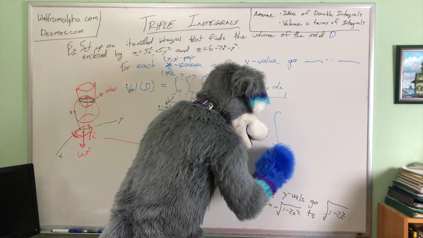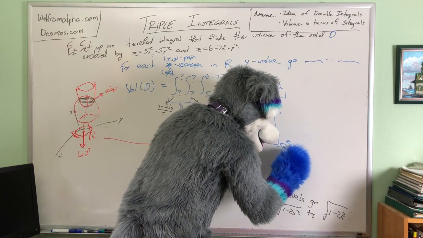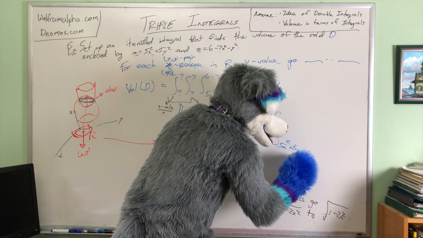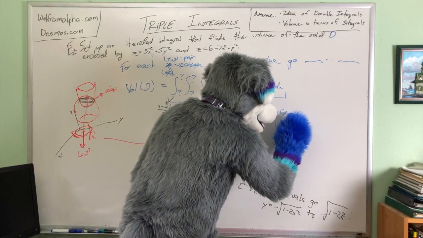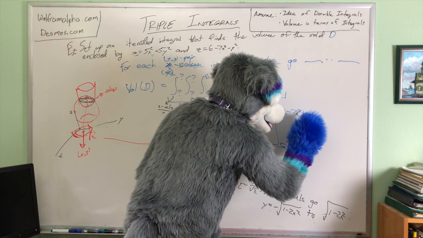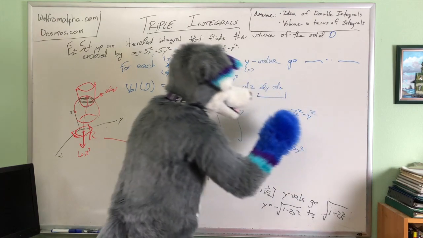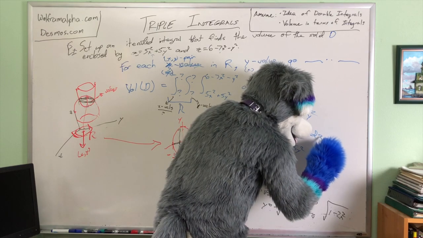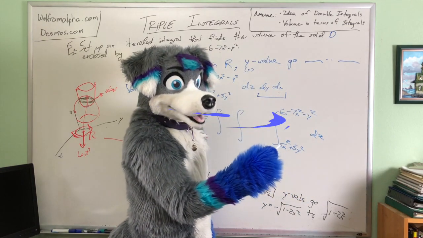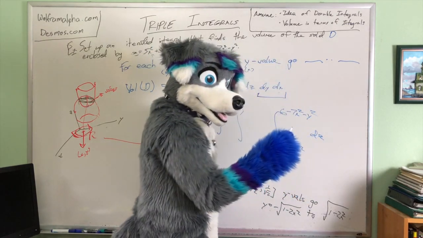So this is 5x squared plus 5y squared. Then I have this guy, 6 minus 7x squared minus y squared, dz dy dx. Ha! That was dumb. Okay. dy.